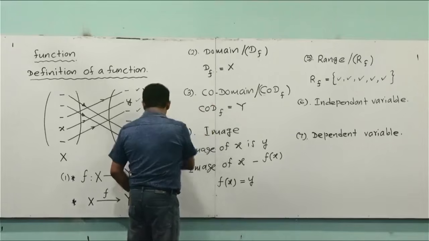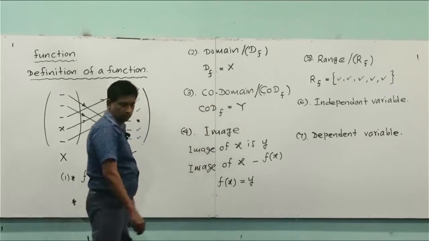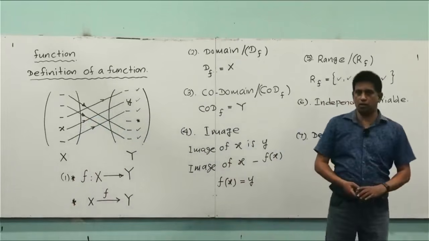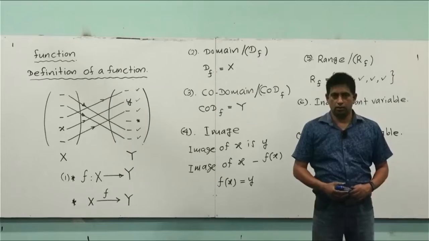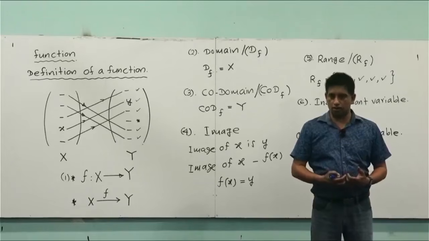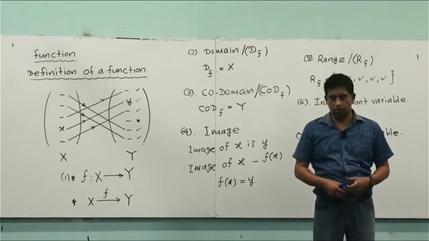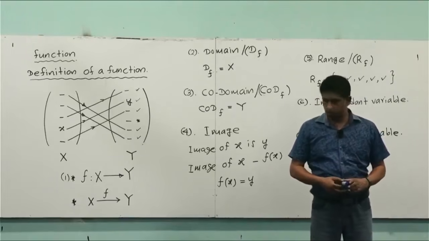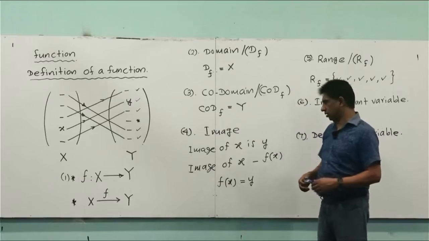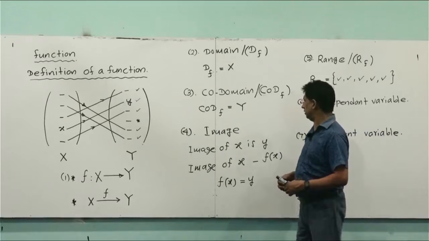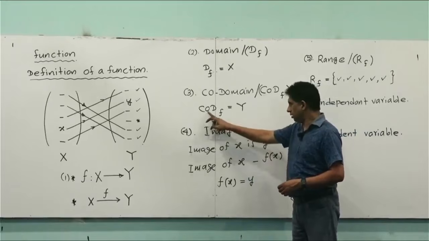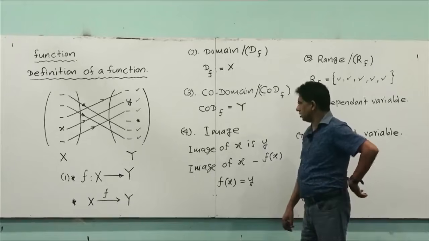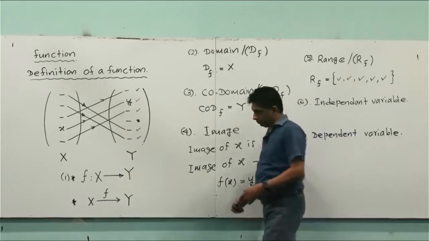Capital Y set is called as codomain. Then write down CODF equal Y.